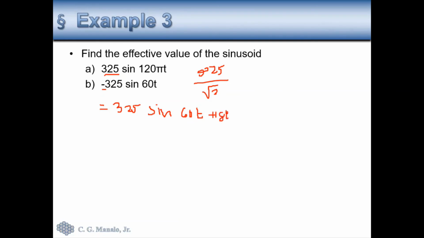Okay, 180 degrees. So something like that. And again, we solve for the amplitude or the RMS this way. So there's no such thing as negative RMS. So in fact, if you're given this one, all you need to do is take the absolute value of the amplitude to get the effective value.